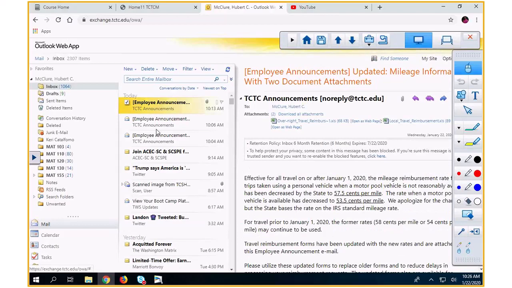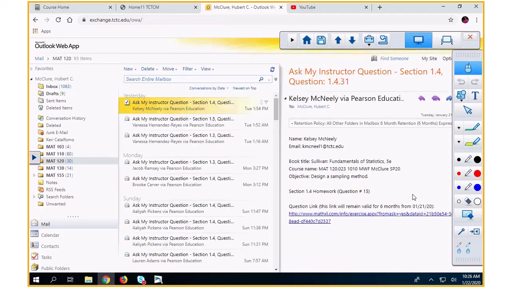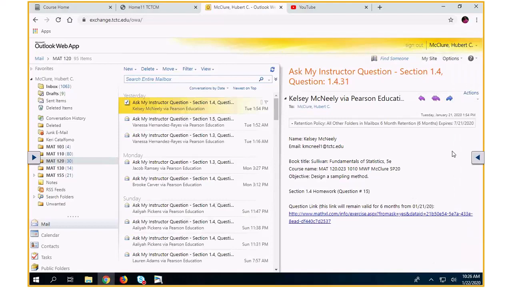Okay, y'all were 120, right? When I pull up a question in my class, it will have several numbers. Read those numbers, 1, 4, 31. The 31 represents the number in the book. So if you turn to your 1.4 homework section in your book and go to number 31, this question will be similar. Did I say same? No. Thank you. I said similar.